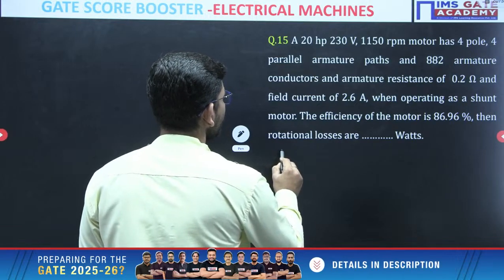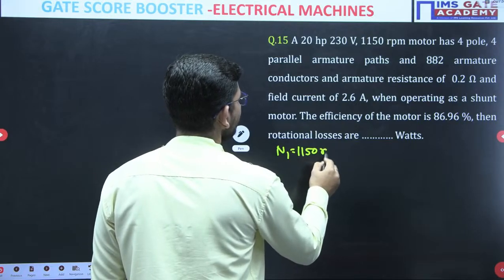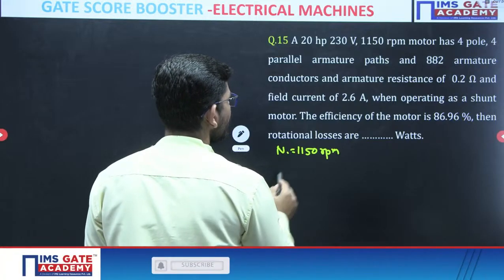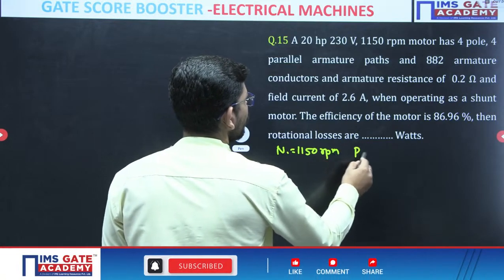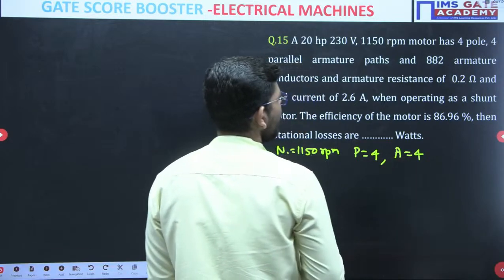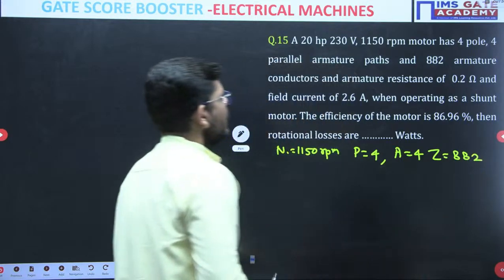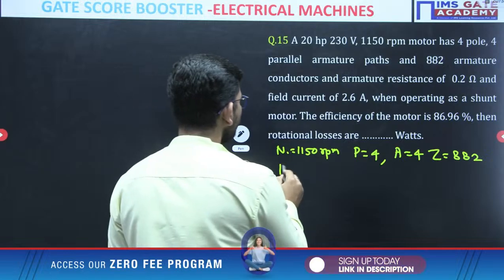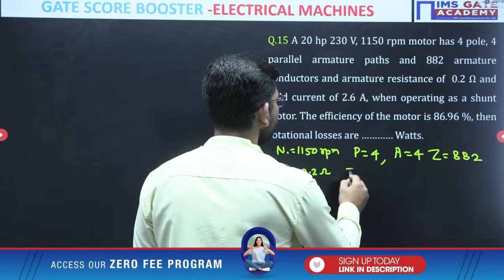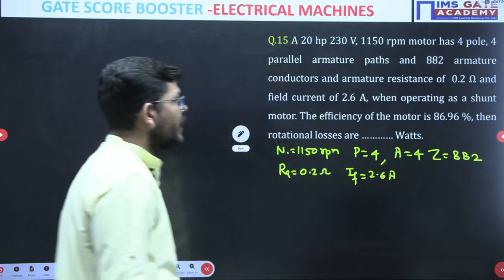Speed is given as 1150 rpm, it has 4 poles and 4 parallel paths, and it has 882 conductors, and the armature resistance is 0.2, and the field current is given as 2.6 ampere when operated as a shunt motor.